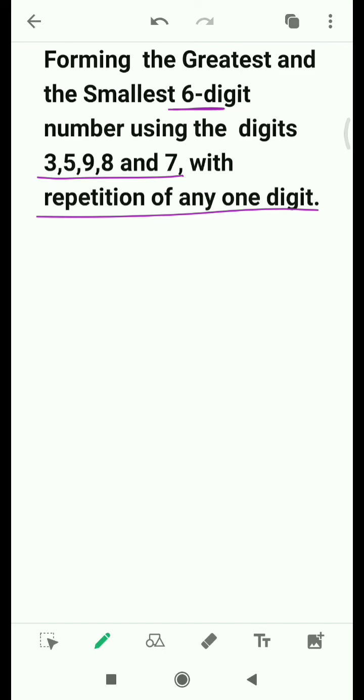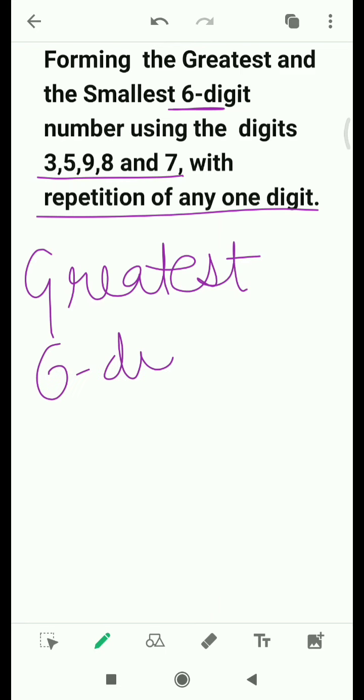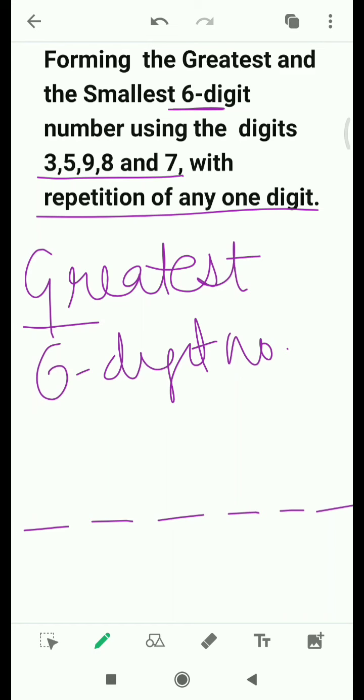So let's get started with the greatest number. Greatest six-digit number. That means we need to mark six place values first. 1, 2, 3, 4, 5, 6. Now this is the greatest number, so we need to choose the greatest digit. But we need to fill the six place values, right?